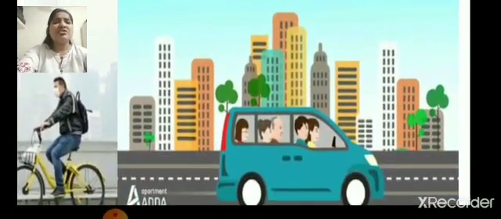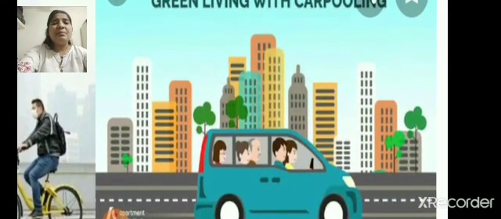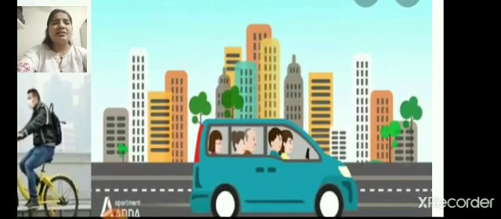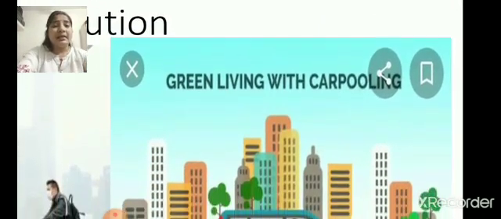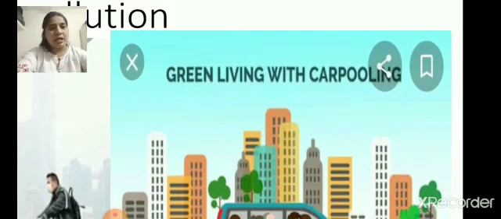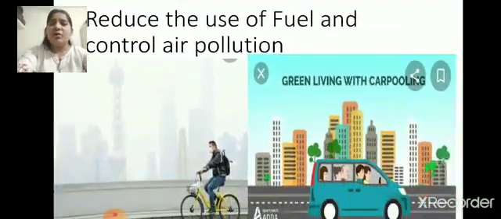See, children, in the picture you can see that so many people are sitting in one car, and they are going to their workplace. If some people are going every day to the same place, they are using carpooling.